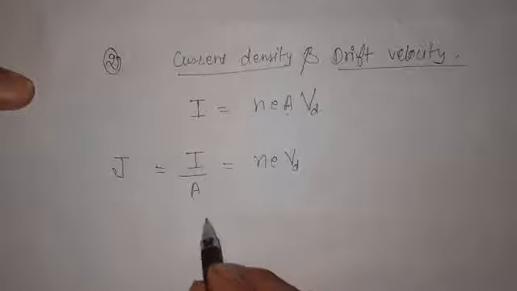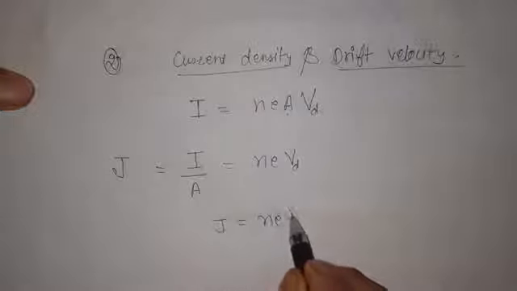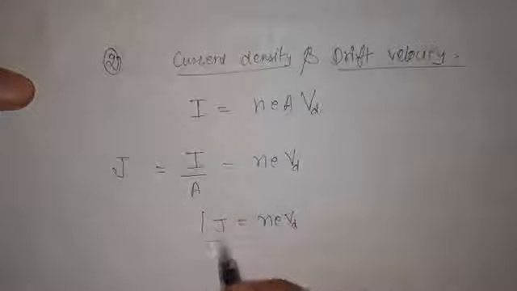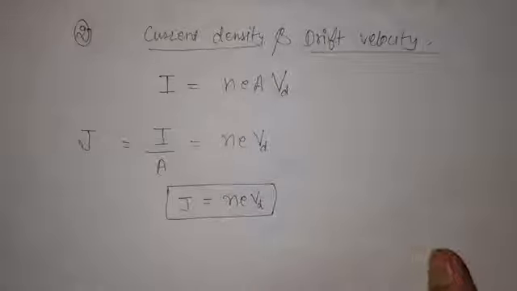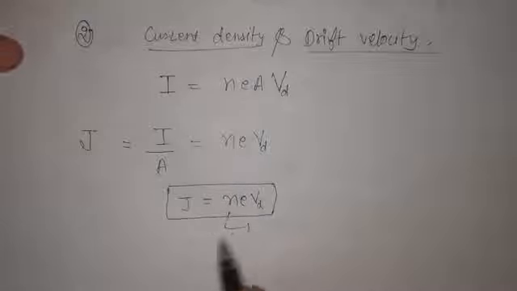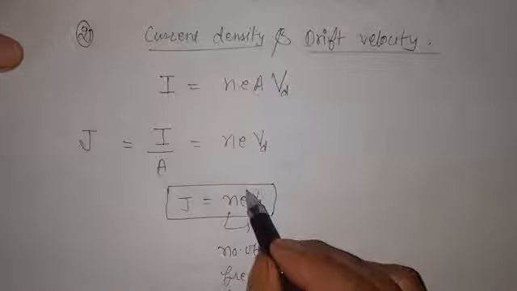So thus we get that this is J equal to NEVD. This is current density. Okay, so thus N is what? These are the number of free electrons in unit volume. Okay, and E is what?